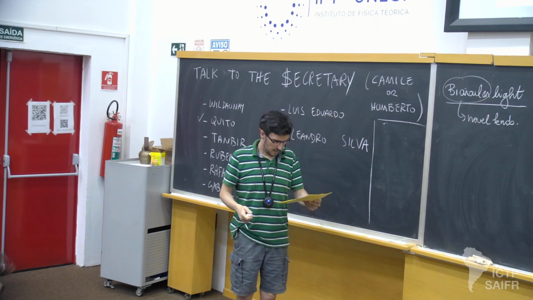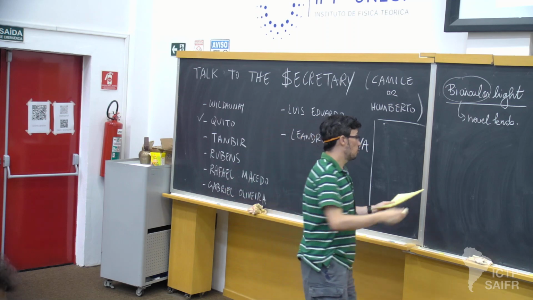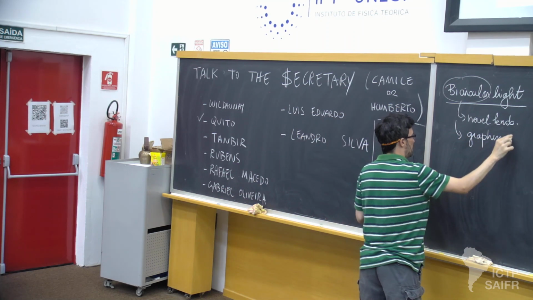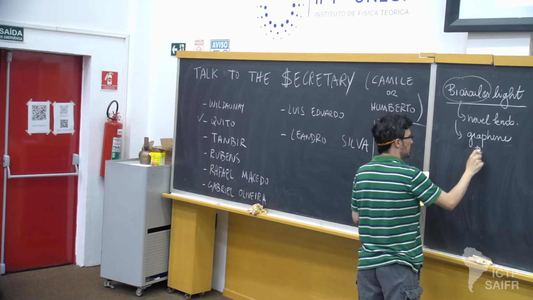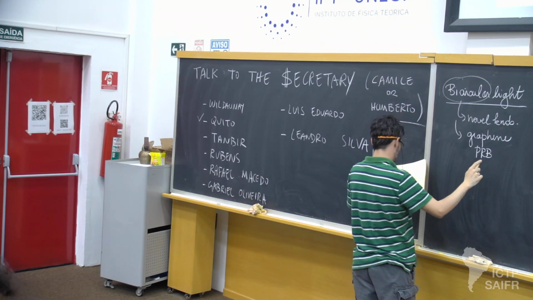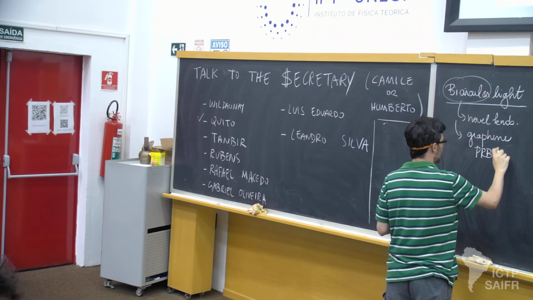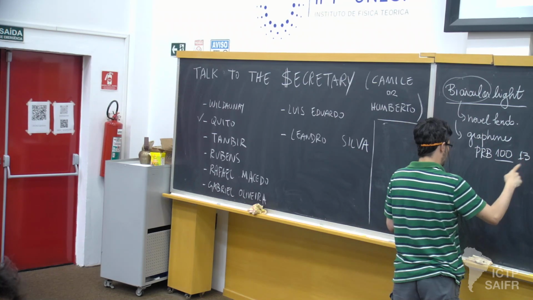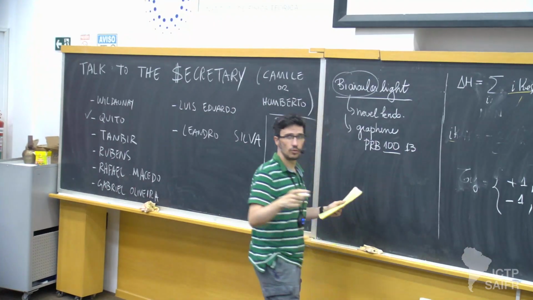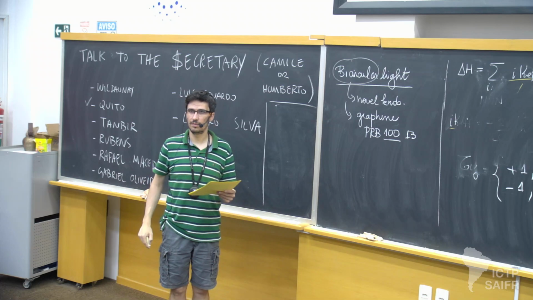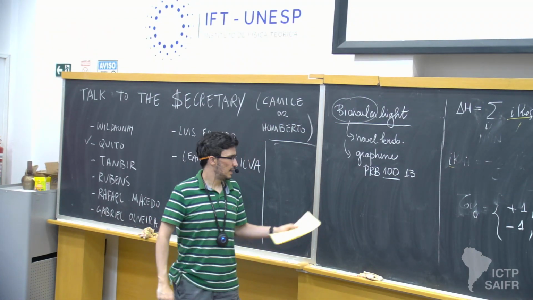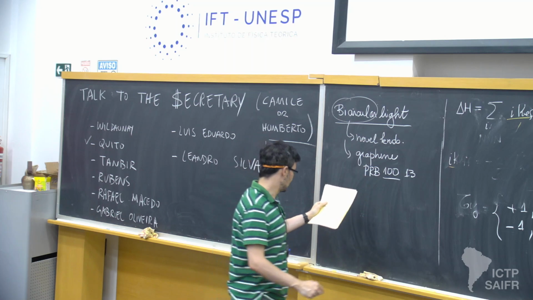This was studied for graphene first. One of the first cases is for graphene, and I will write down the reference here. I will make all this available online. If you go to the website that I told you about on Monday, there is a list of references, and you can find all these references listed.